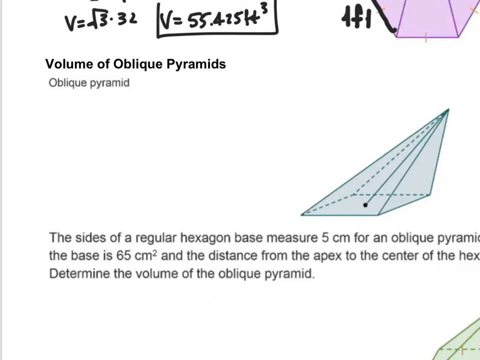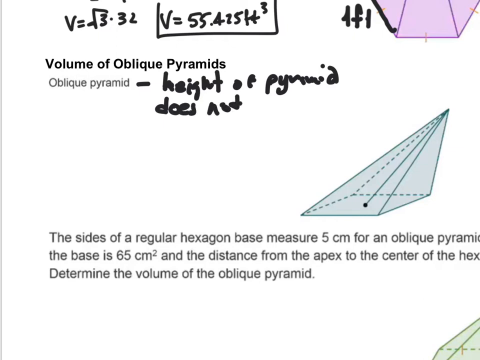Okay, so an oblique pyramid is a pyramid where the height of that pyramid does not go to the center of the base.